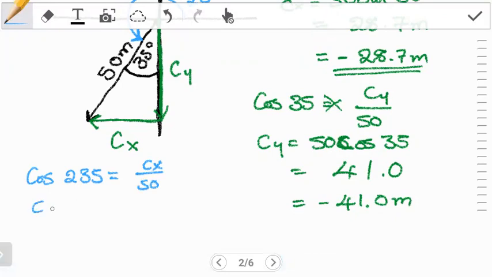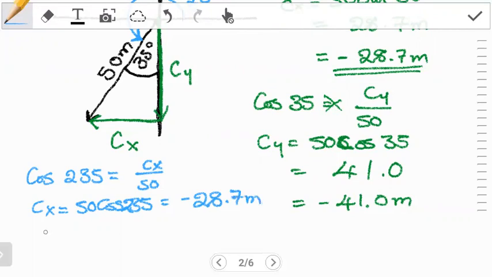Now we get cx is equal to 50 cos 235. So if you work this one out, 50 cos 235, without putting a negative, the cos 235 is going to be negative. So this comes out as negative 28.7.